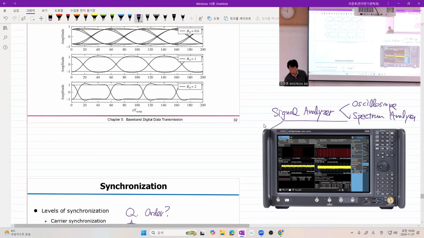And the thickness is much reduced, and it's very lightweight. If you visit, for example, my lab, in the closet, there is a very old sampling oscilloscope or spectrum analyzer.